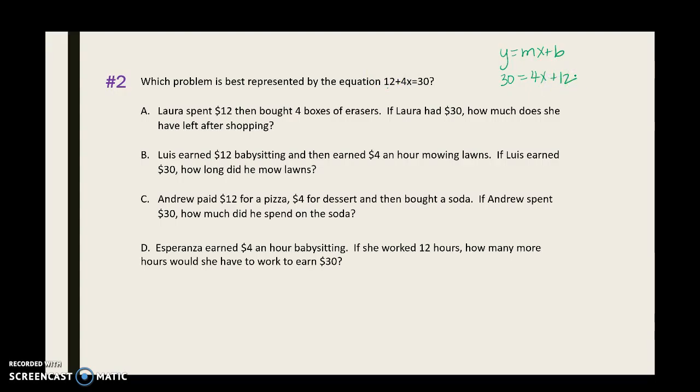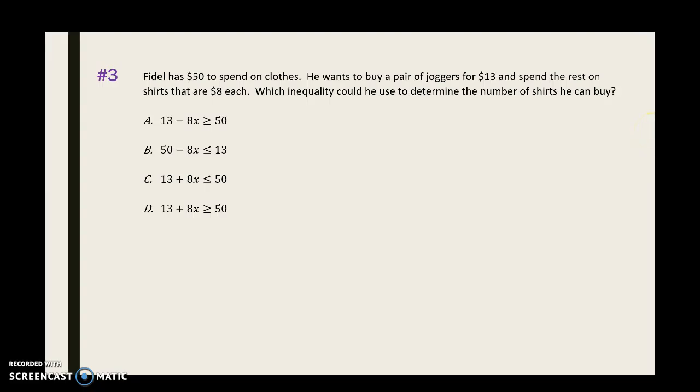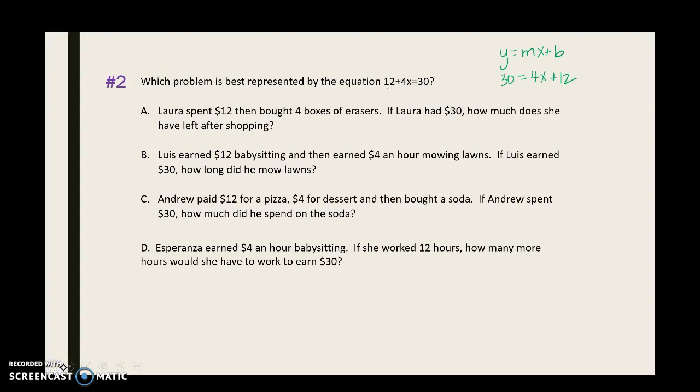So now that I've written it in a familiar way, I am looking for a scenario where I'm adding 12 and I'm multiplying 4. So let's see, Laura spent $12 and then bought 4 boxes of erasers. If she had $30, how much does she have left?